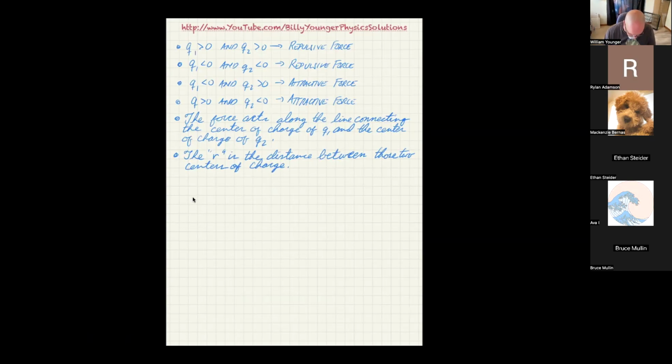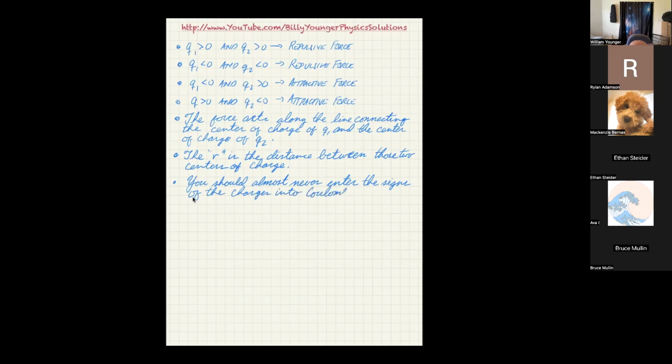What I'll tell you also is you should almost never enter the signs of the charges into Coulomb's law.